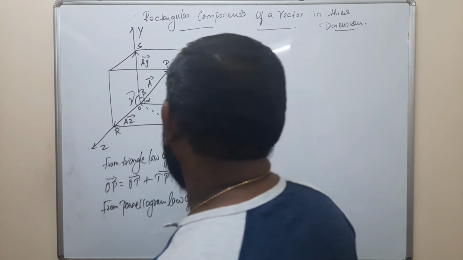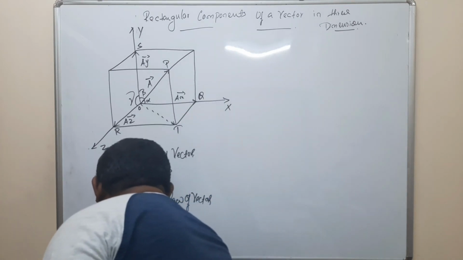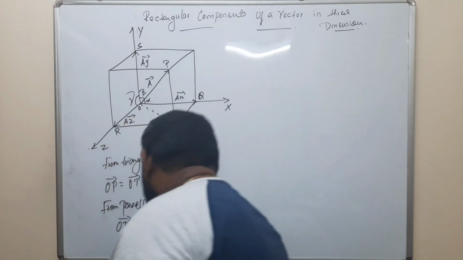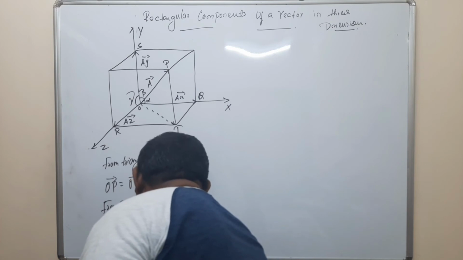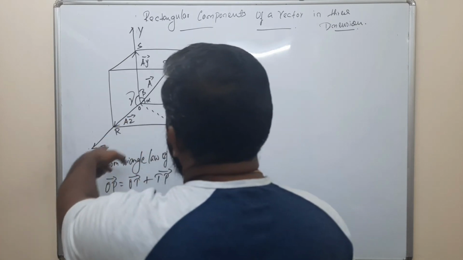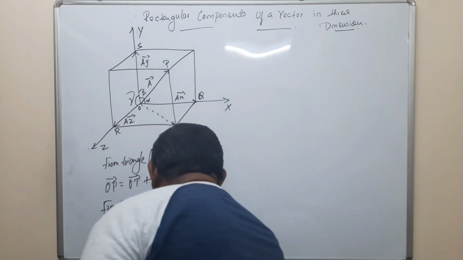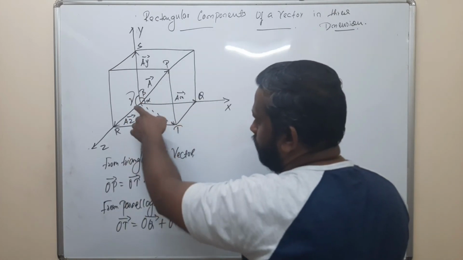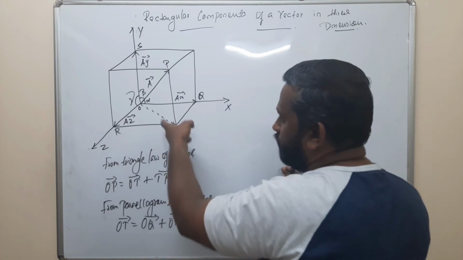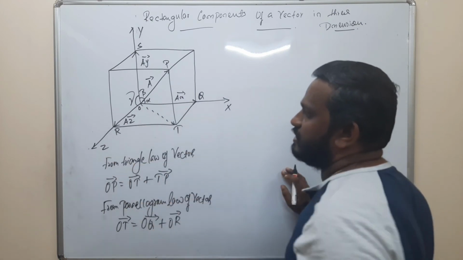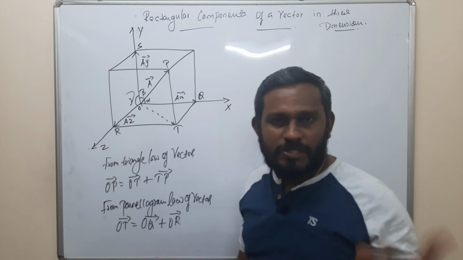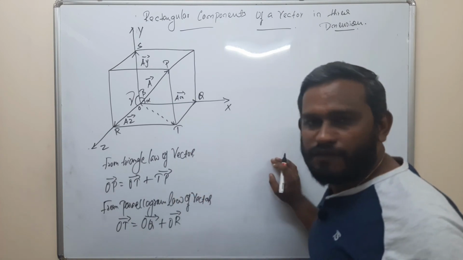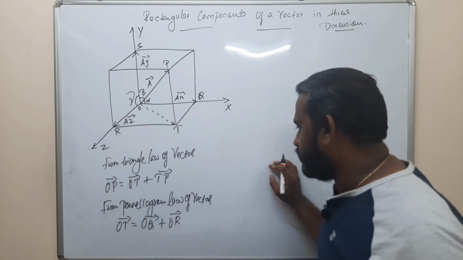So OT vector is equal to OQ vector plus OR vector. So this is the resultant of this parallelogram. According to parallelogram law of vectors, OT vector is equal to OQ vector plus OR vector. We have already discussed the triangle law of vectors and parallelogram law of vectors.